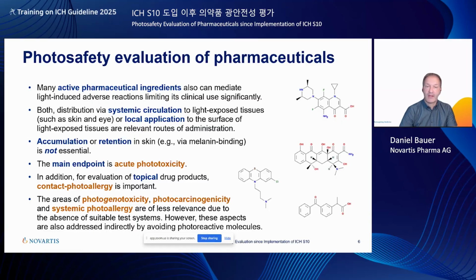Either they are rare, like systemic photoallergy, extremely rare, or there are no relevant test systems available in which you could study these effects. So these areas are actually covered by addressing phototoxicity in general and by avoiding those drugs or limiting their use, to also prevent photocarcinogenicity in the long term.